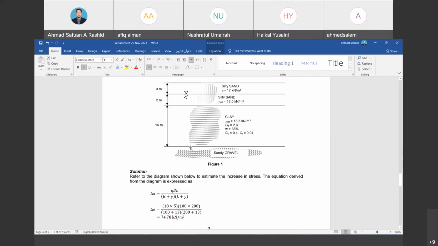Because if we use the full height, it may overestimate the settlement value. So the value for the middle height is 8 meters. We need to calculate the effective stress from the top to 3 meters, continue with 2 meters, and the last one is 8 meters. So in total, 3 plus 2 plus 8 is equal to 13 meters height.